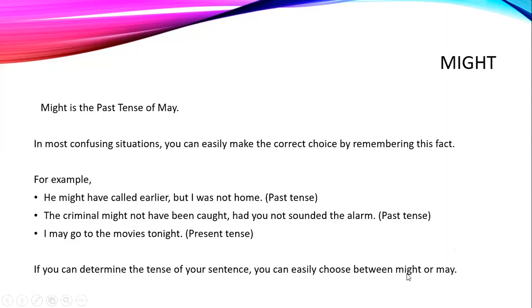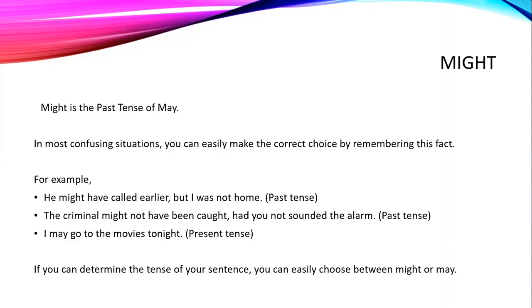Now there are grammarians who say that may and might are individual entities. They are not related, but definitely they are related as present and past. Just like can is related to could, will is related to would, shall is related to should.